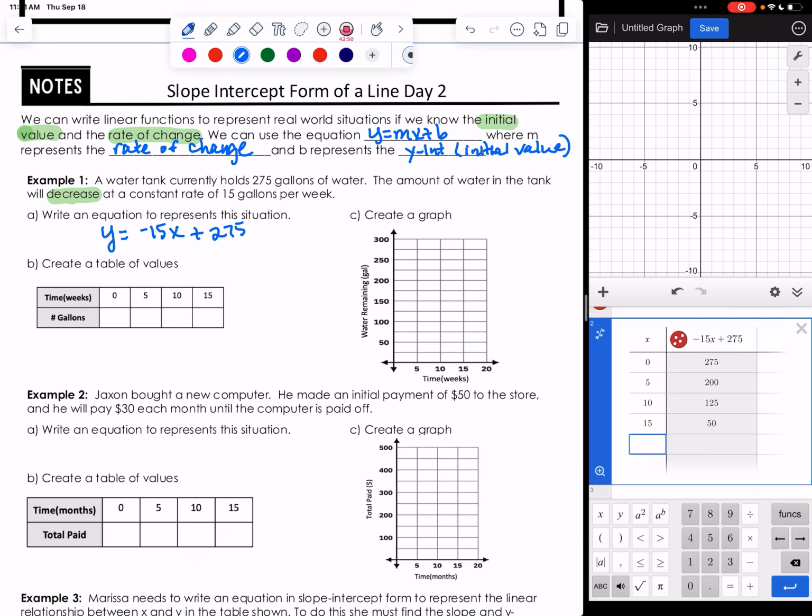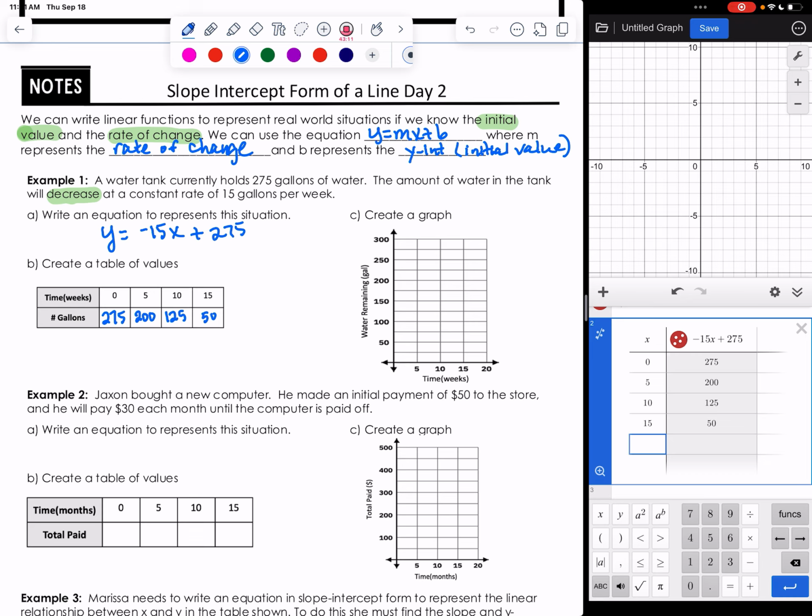So at 0 weeks, we had 275 gallons. At 5 weeks, there were 200 gallons left. 10 weeks, there were 125 gallons left. And at 15 weeks, there were 50 gallons left.